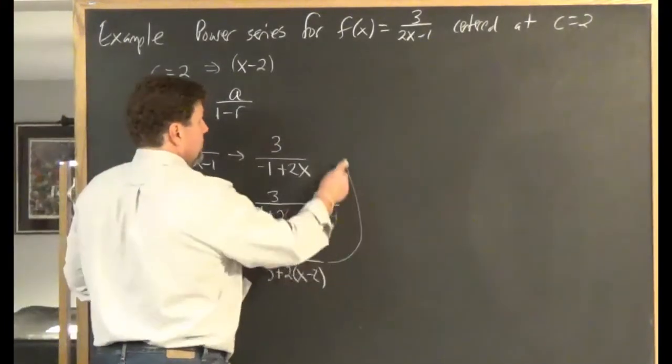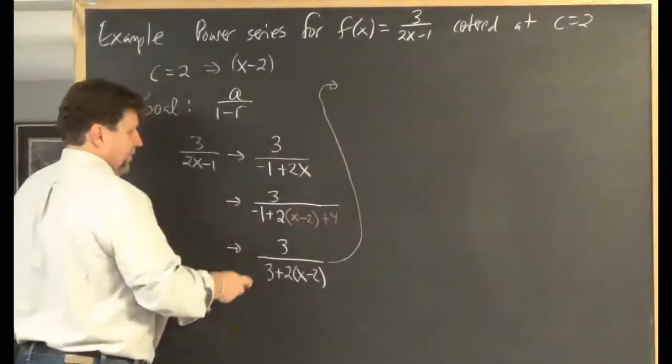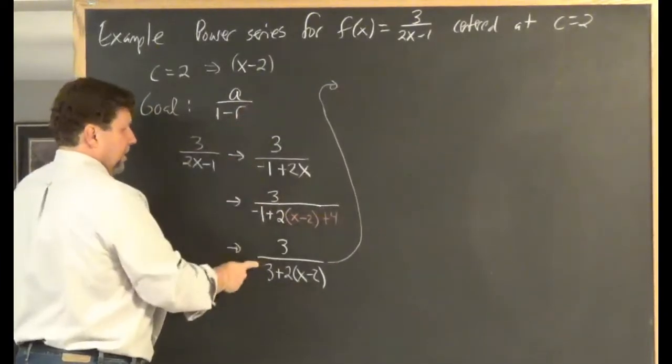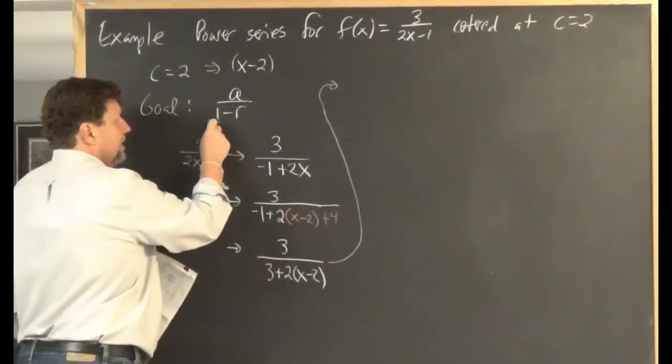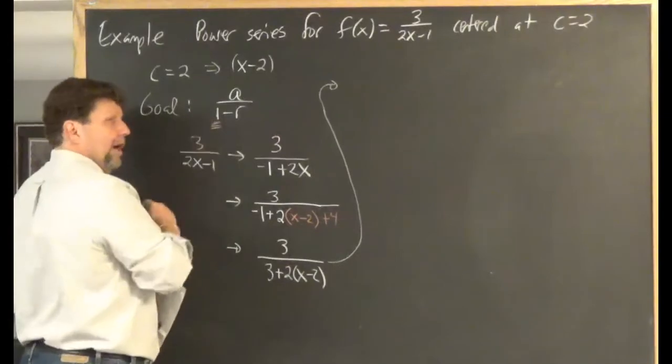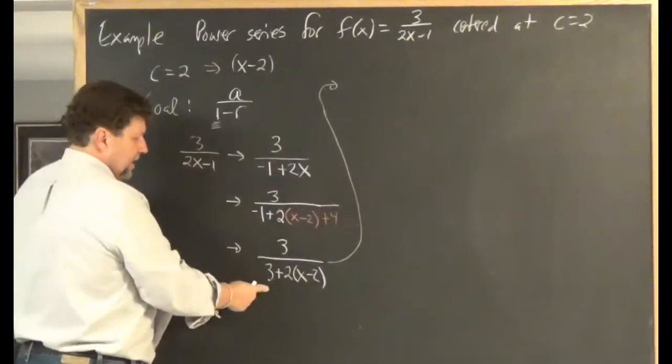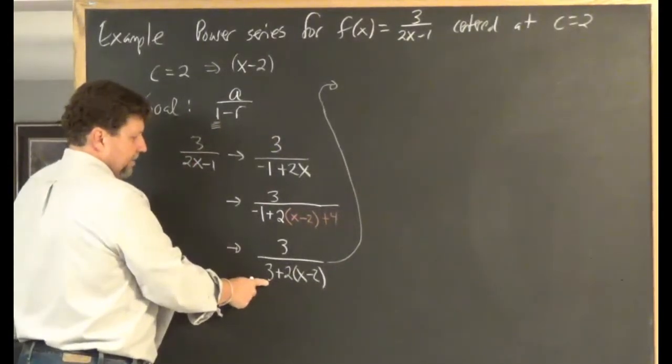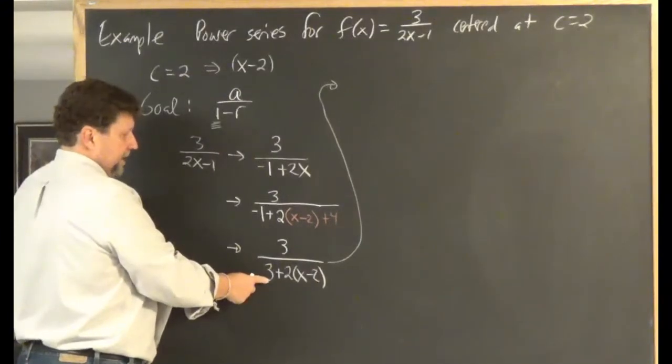Let me kind of pull this up to right here. We're almost in this form. Remember, the key is seeing a 1, to see the 1 minus r. So I need to divide by 3 to turn that into a 1.